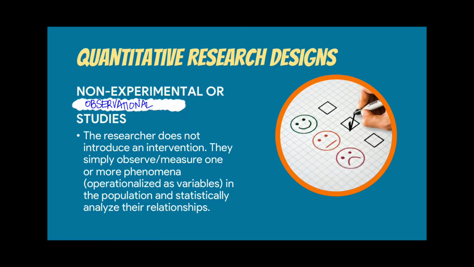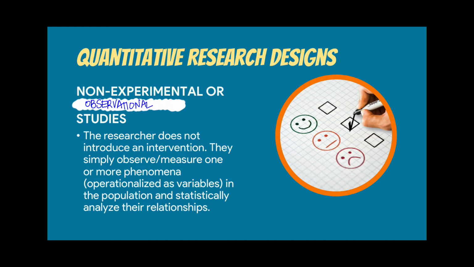And then the second general quantitative research design is a non-experimental or observational research design. So a non-experimental research design, unlike an experimental research design, has no intervention introduced by the researcher. Rather, the researcher just simply observes or measures one or more phenomena as operationalized by variables in the population and statistically analyzes the relationship.